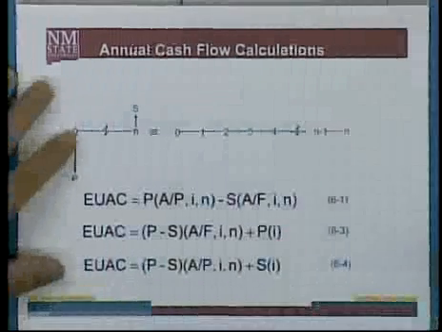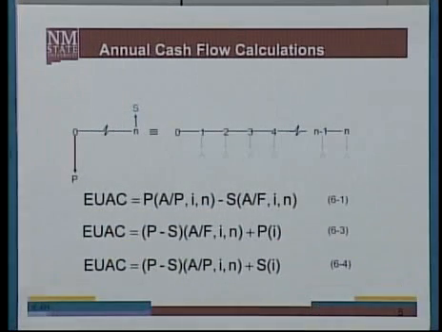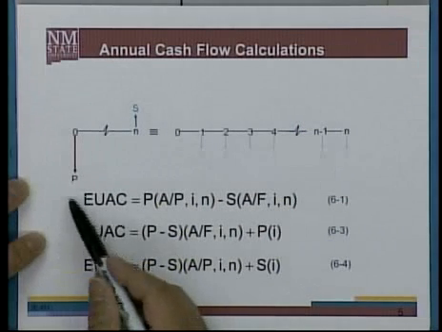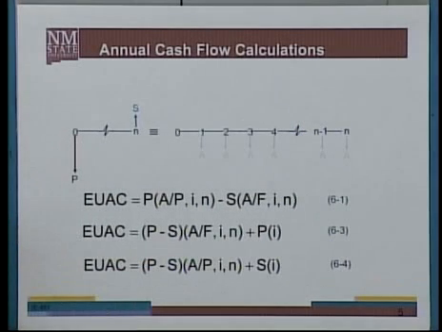And the equivalent uniform annual cost may be computed in these three different ways. Of course, each of these three equations leads to the same values. Okay?